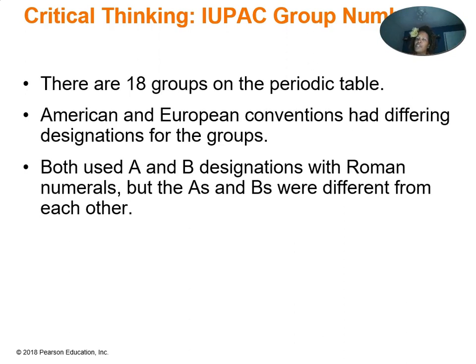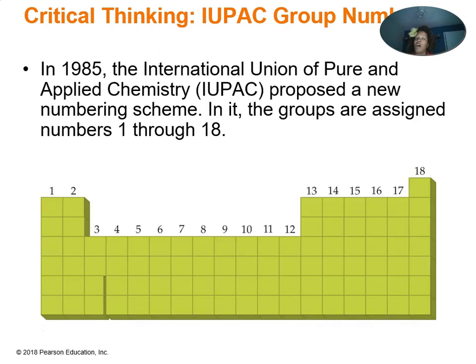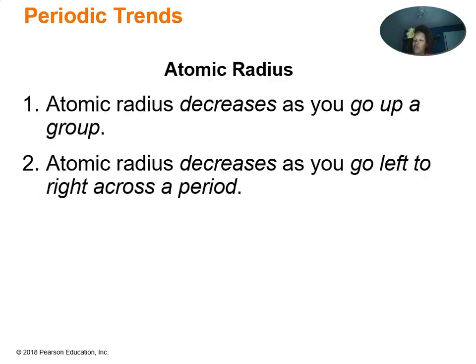They're just used to denote the differences between groups and then the IUPAC symbol. So that's pretty much all that represents. Again, as I mentioned, the IUPAC proposed a numbering system because those Roman numerals and letters were very confusing for most people. So to keep things consistent, we just refer to them as group numbers.